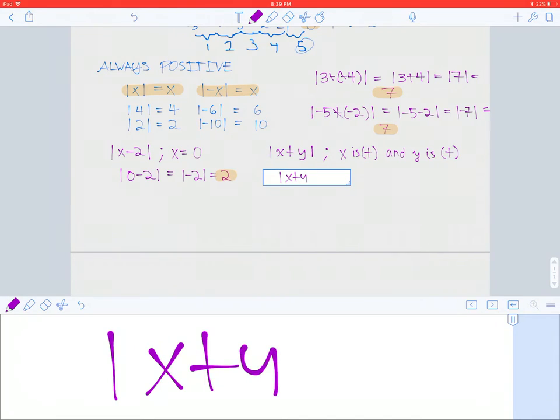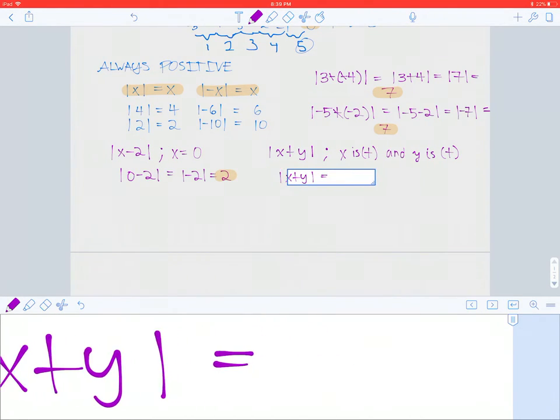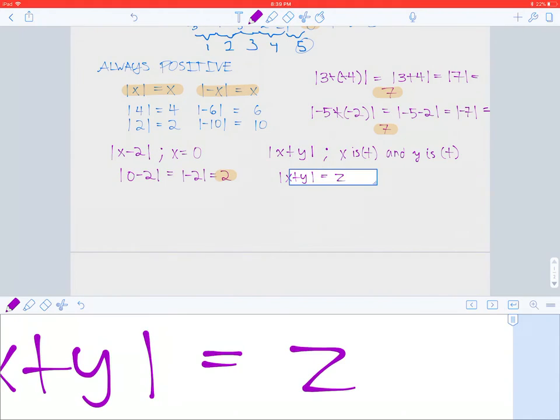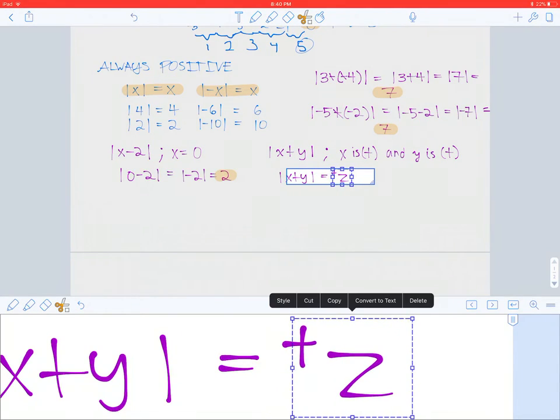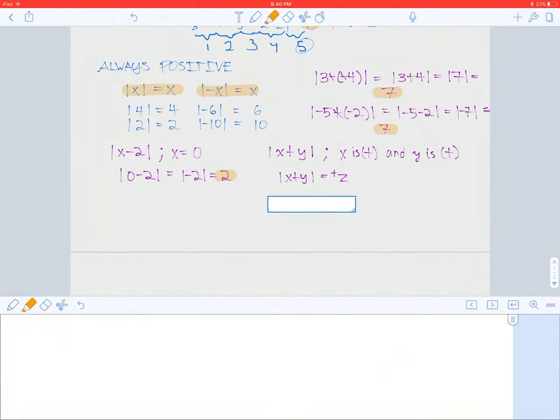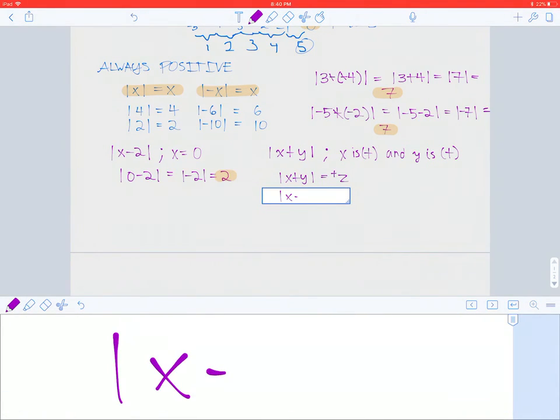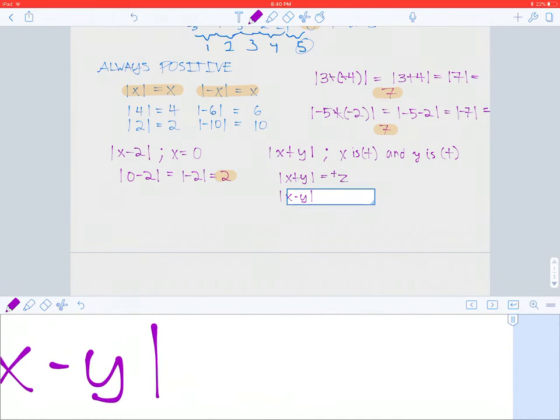But from this information, if we say the absolute value of these two numbers is, let's just say, z, then we know that z is going to be a positive number as well. This would be the same if we had something like x minus y and both numbers are still positive.